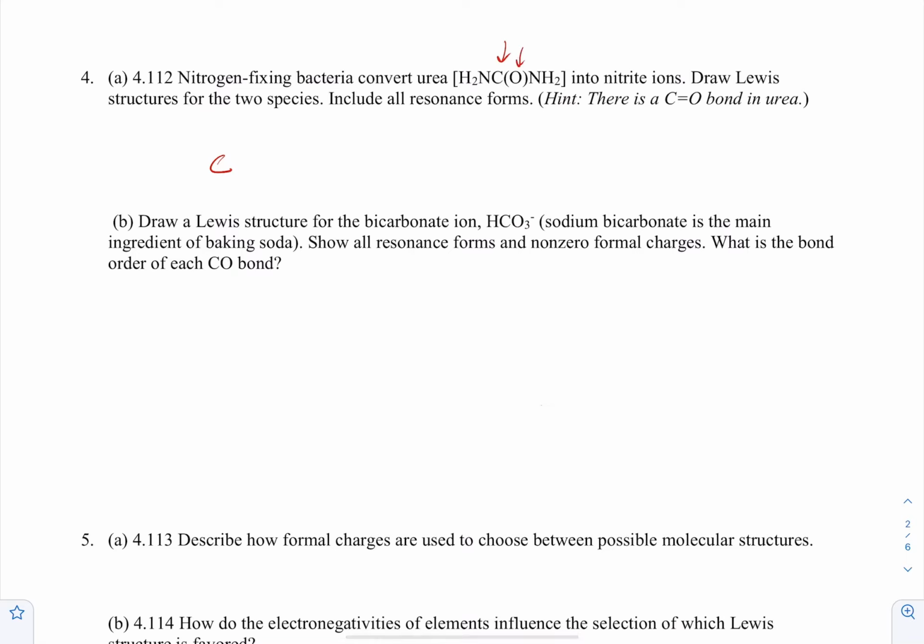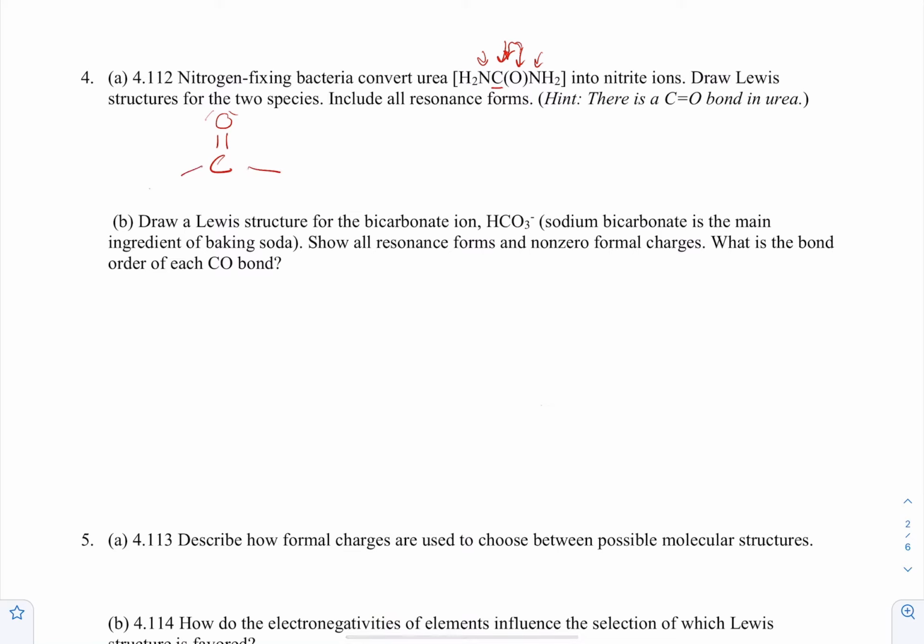When we have an oxygen in parentheses like this, what that means is that it's trying to designate that oxygen is explicitly and only bound to the carbon, which in that case would usually have to be a double bond. Unless there was a negative charge on this thing, you may assume that it's a single bond, because that would give it a negative formal charge. But for this case, let's try a double bond and see if it works out. So now I've got these two nitrogens on each side of this carbon.